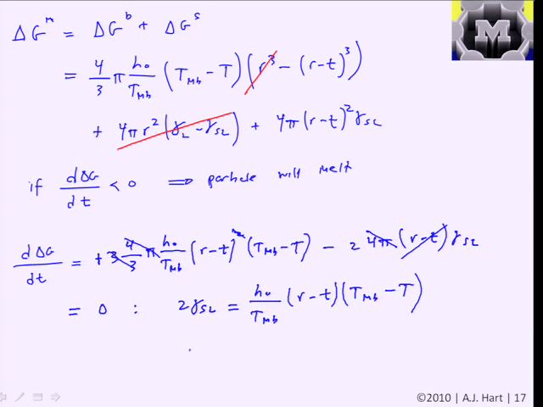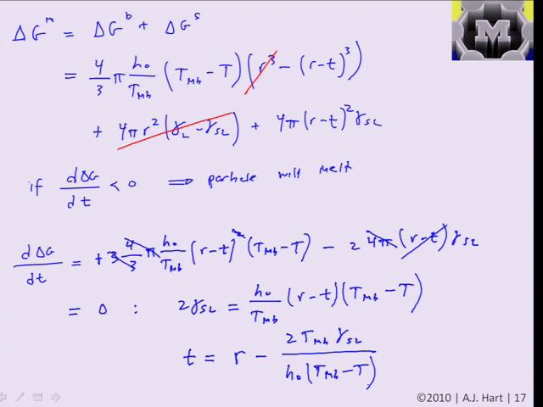And if we solve this for T, then we'll get that the thickness is equal to R minus 2 times the bulk melting point times gamma SL divided by H naught times the temperature difference.